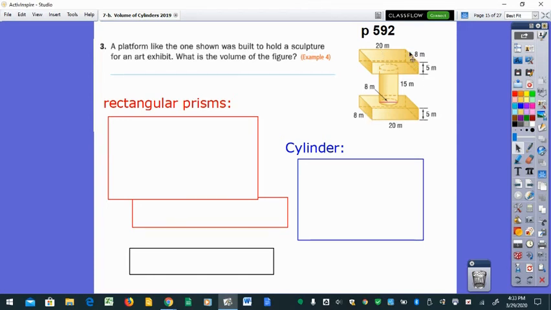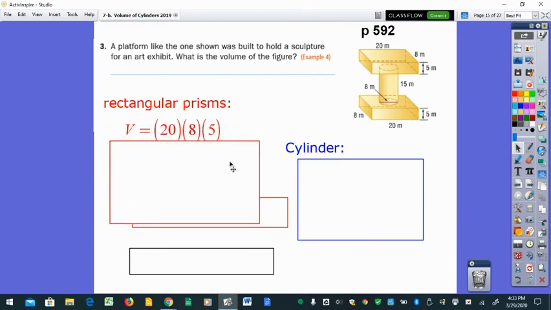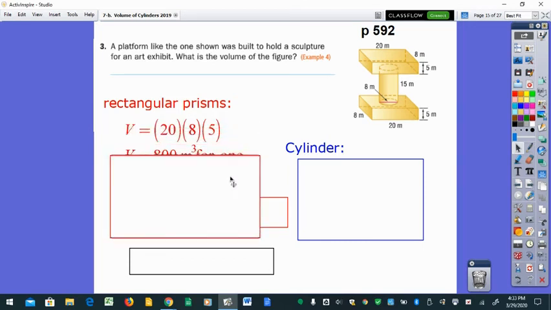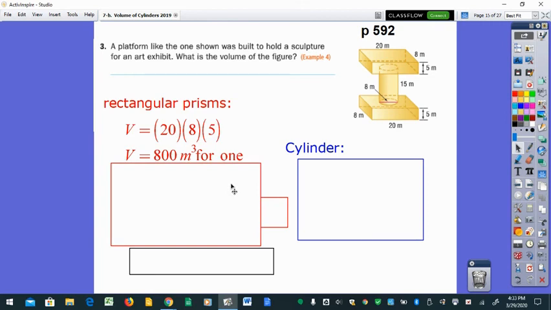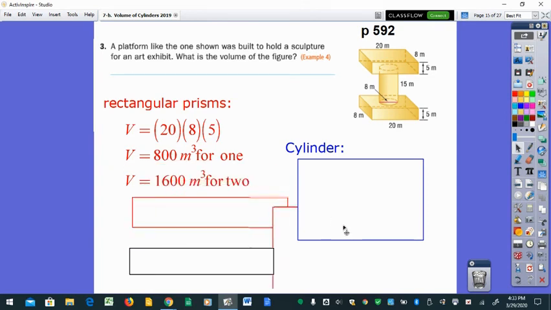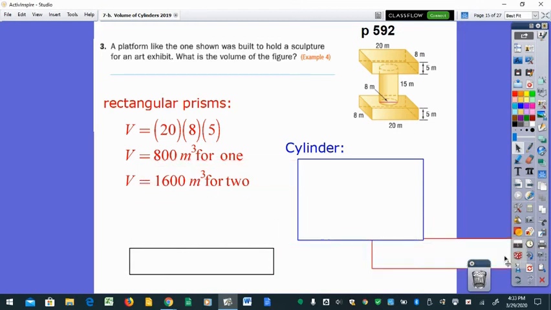So if we take 20 times 8 times 5, that would give us one box, but don't forget we're going to do 2. Let's start there. So you see where those 3 numbers came from. We multiply them out. That's 800 multiplied by 2, and we have 1,600 meters cubed for the 2 boxes.